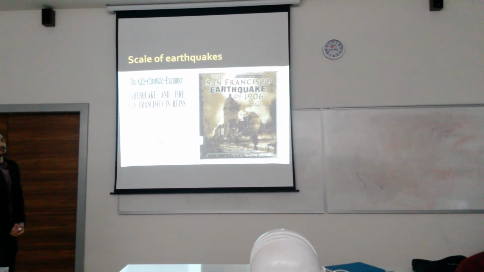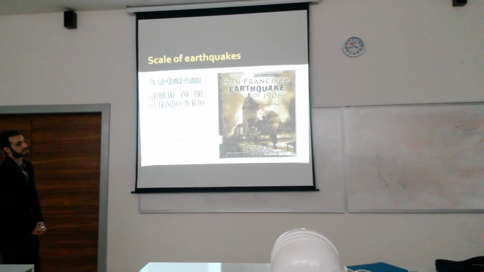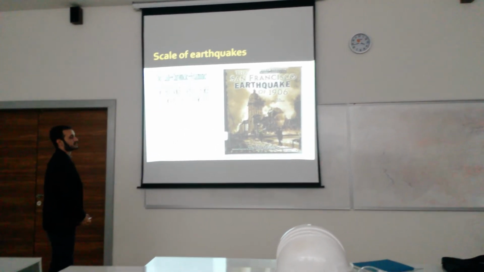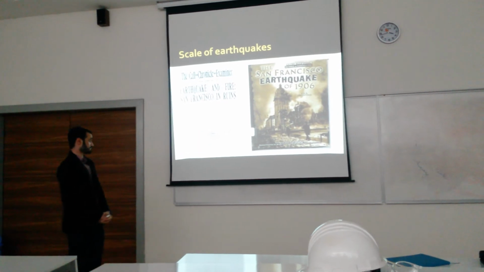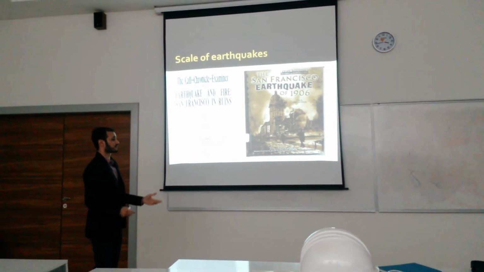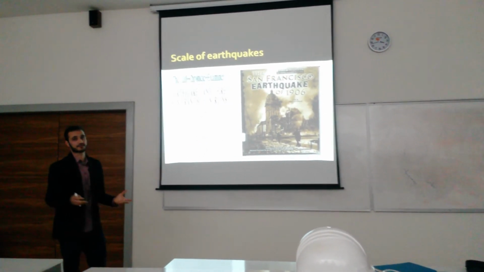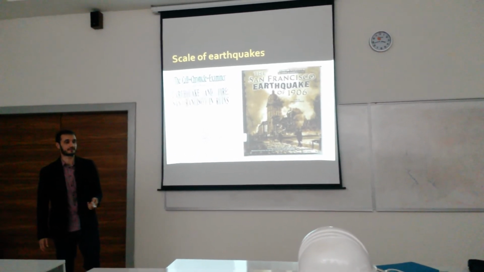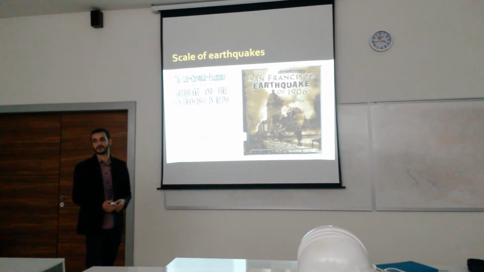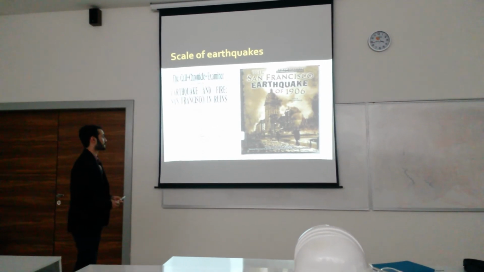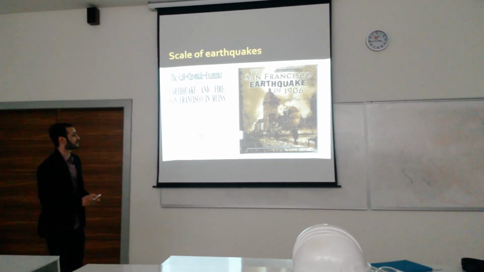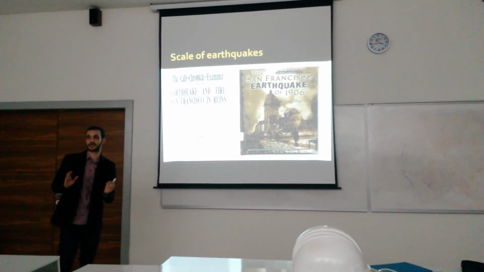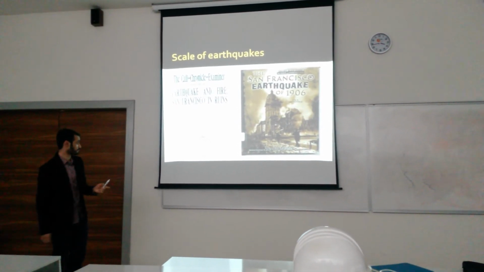Scale of earthquakes. San Francisco in 1906, one big earthquake happened, and this earthquake caused too many deaths of people. After this earthquake, one guy tried to create a scale of the earthquakes.